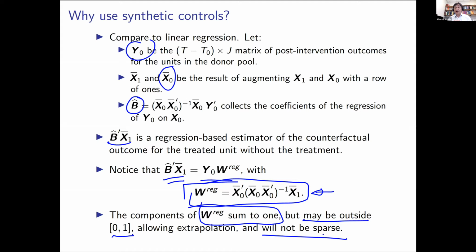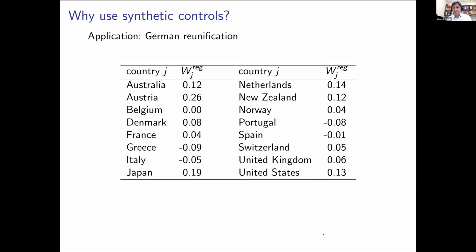Okay, so a nice exercise that we can do is to calculate these weights for one of the examples that we considered so far, and these are the weights for the example of the German reunification. These are the regression weights. Remember, the synthetic control weights were sparse. They were all non-negative, and most of them were 0.